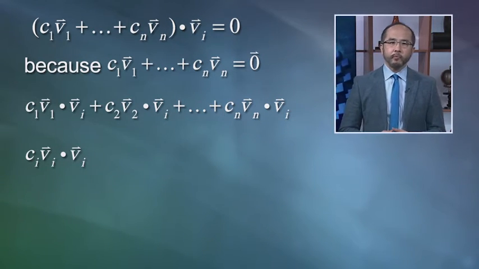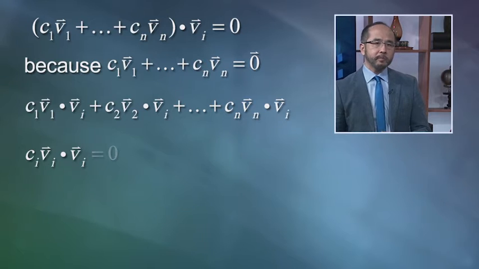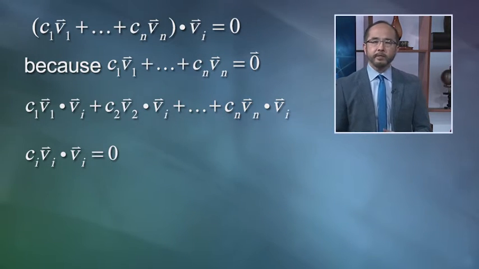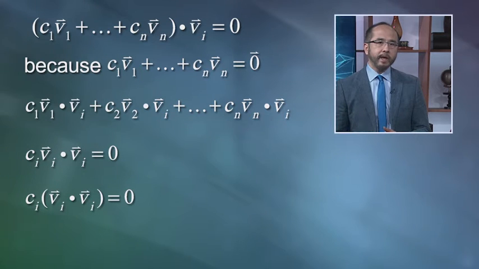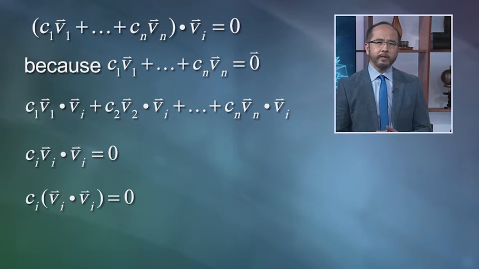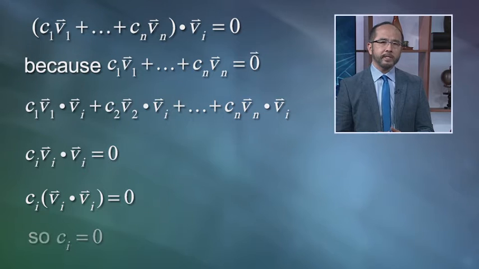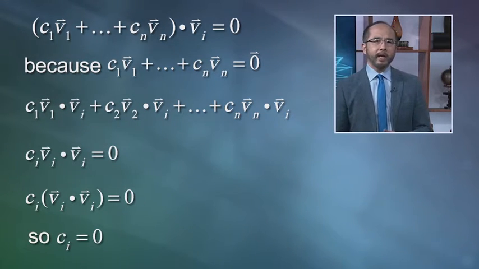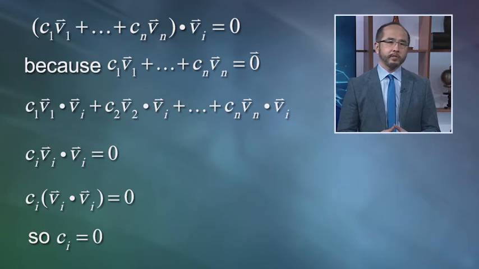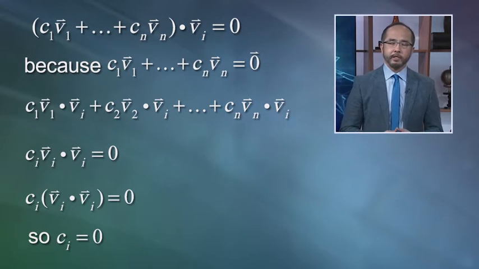So if the whole dot product is 0, this term must be 0 as well. And since vi is not the zero vector, vi dot vi is the square of the magnitude of vi, so the coefficient ci must be 0. This argument holds for every i, so we have shown what we promised to show. Let's look at some examples.